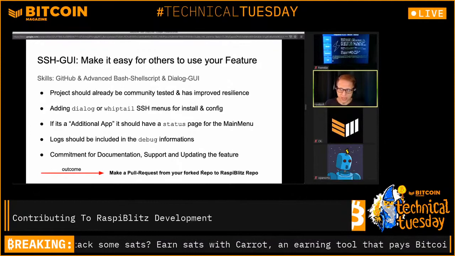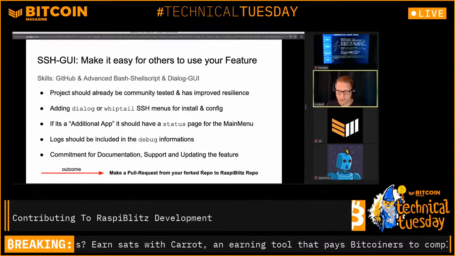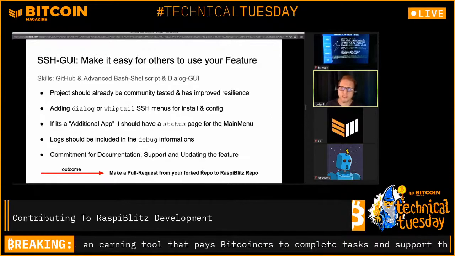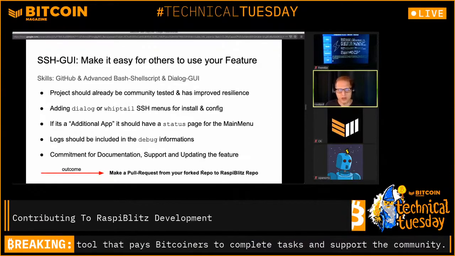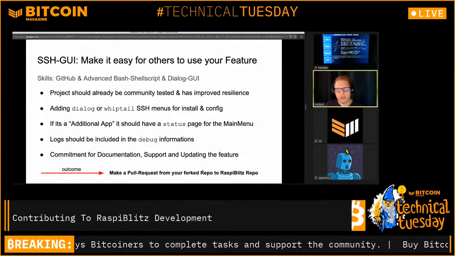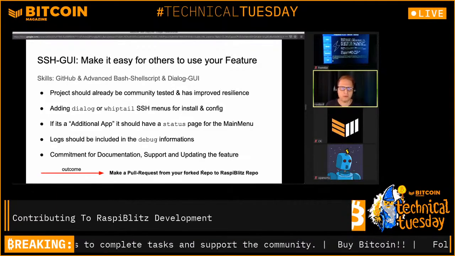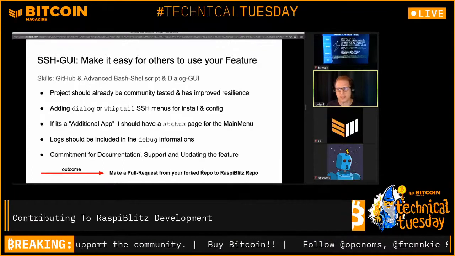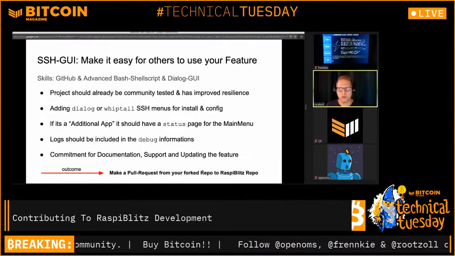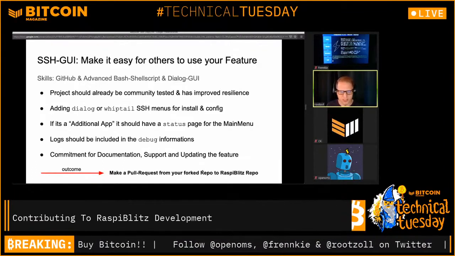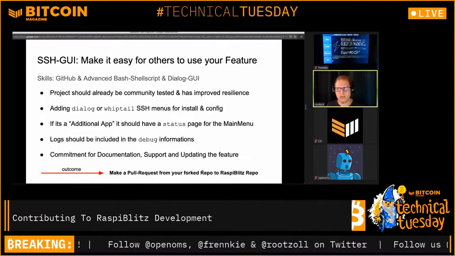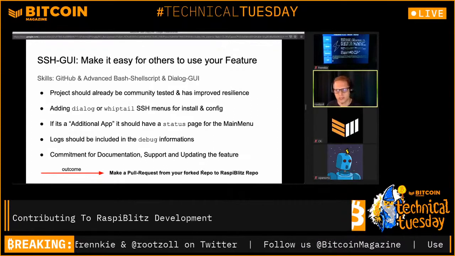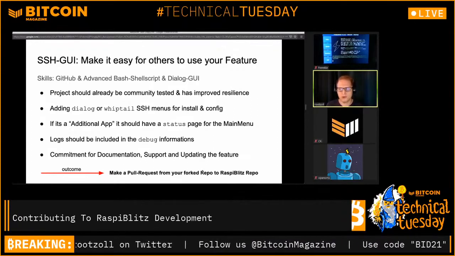Okay, so next level. We're almost on master level here. This is the SSH GUI. This is the moment where your config script has reached a certain maturity. Maybe some other people in the community tested it, it got good feedback, people are interested in it, and maybe it even has some improved resilience, so that it's really running stable on reinstalls and on update processes.